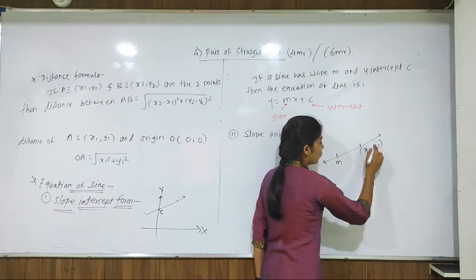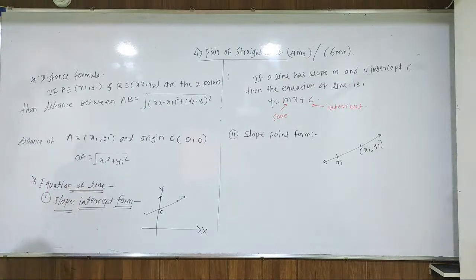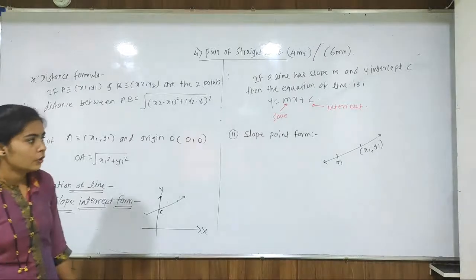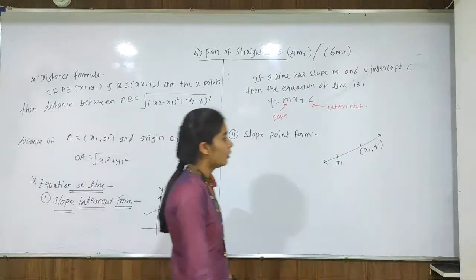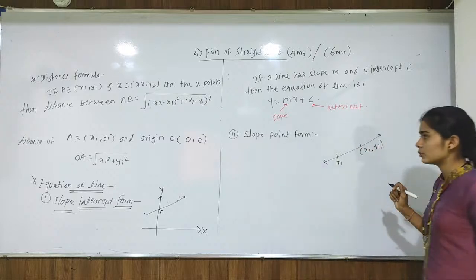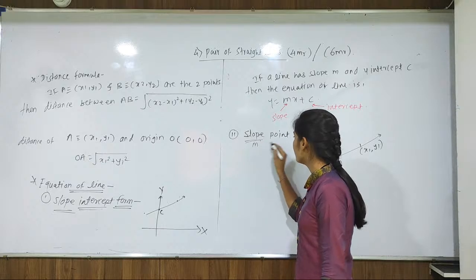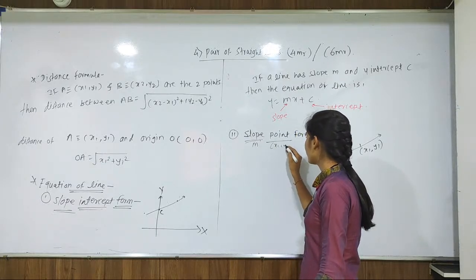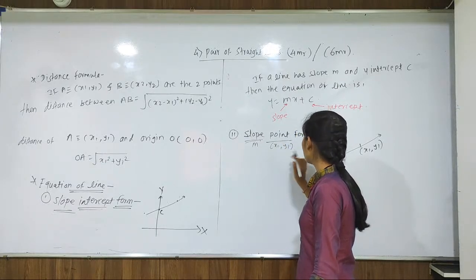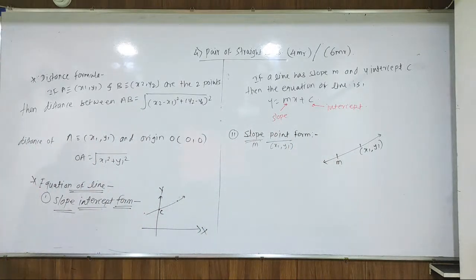So tell me, what is slope point form? Slope पण असेल आणि point पण असेल. On a straight line, there is slope and point also. Slope point form. नावाचं दिलंय. Slope means m, point means you can take any point x1, y1. So we have to write slope point form. So what will be the form?